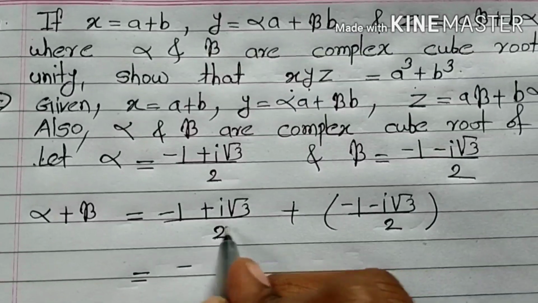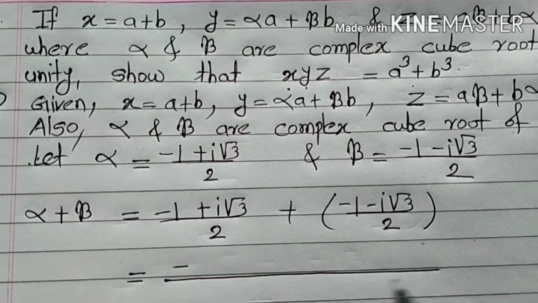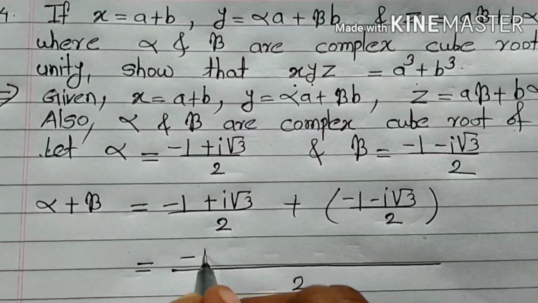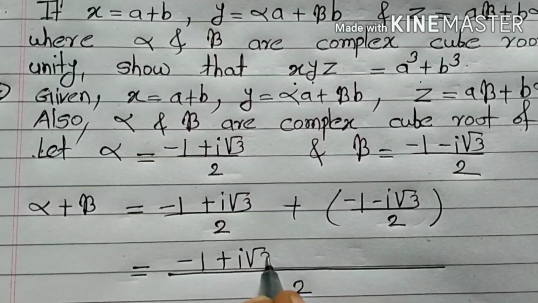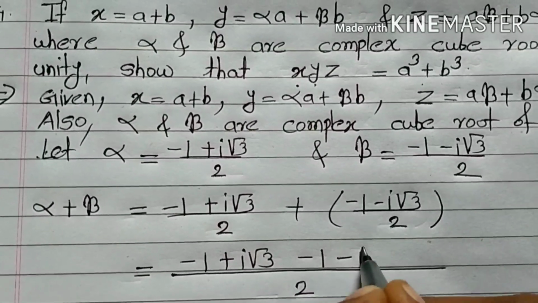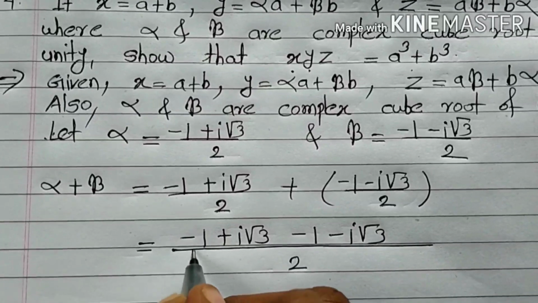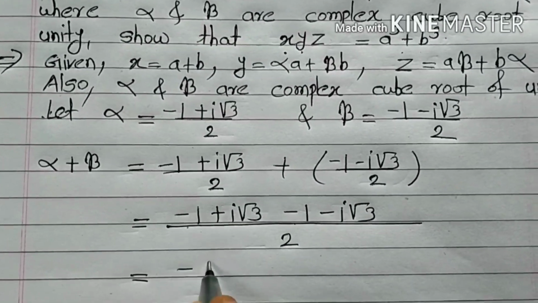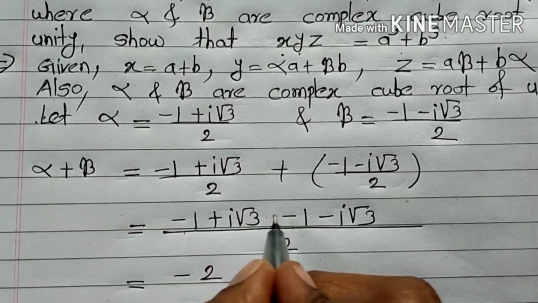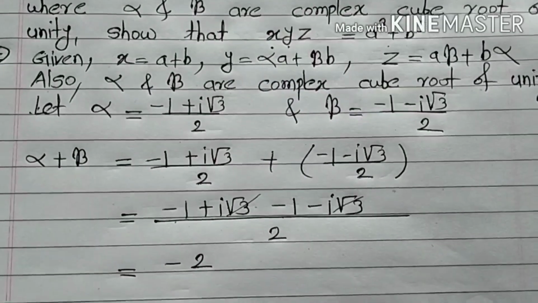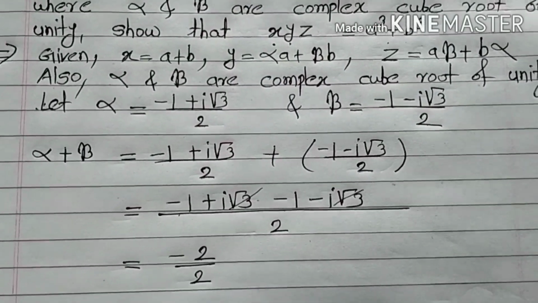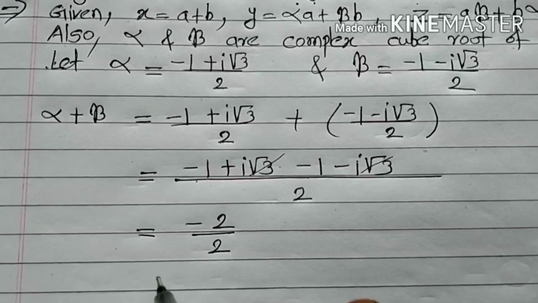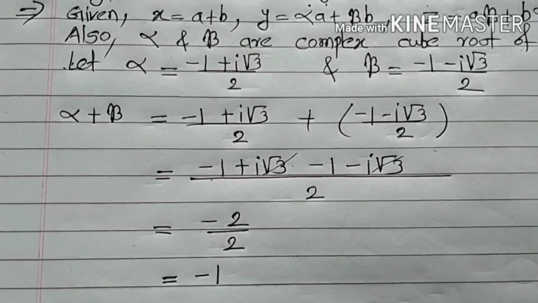The denominator is the same, so take one denominator: minus 1 plus i root 3 minus 1 minus i root 3. Now minus 1 minus 1 is minus 2, and you can observe that i root 3 minus i root 3 gets cancelled, divided by 2. So it will become minus 1.